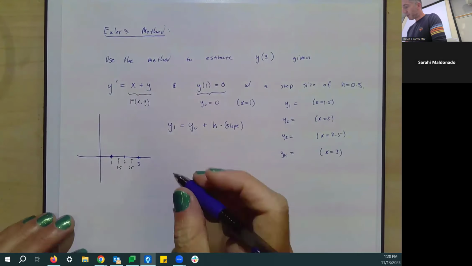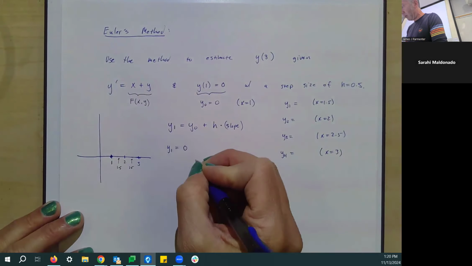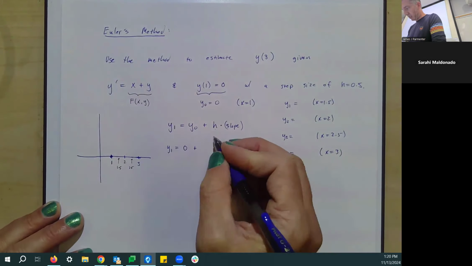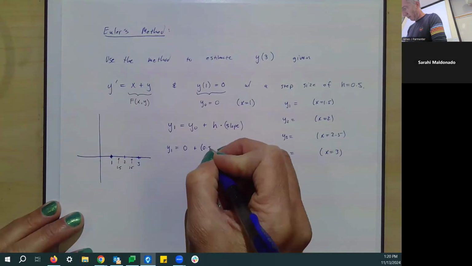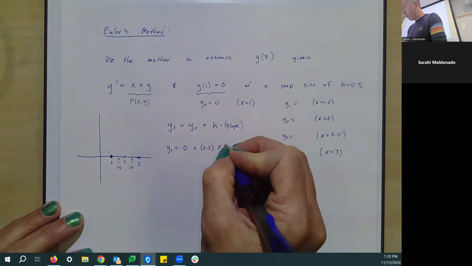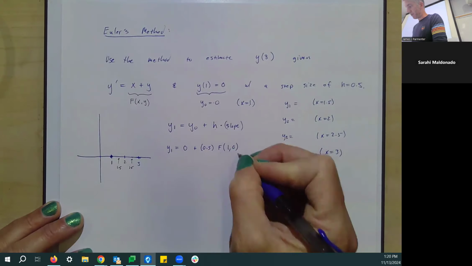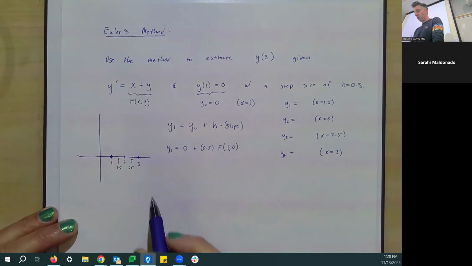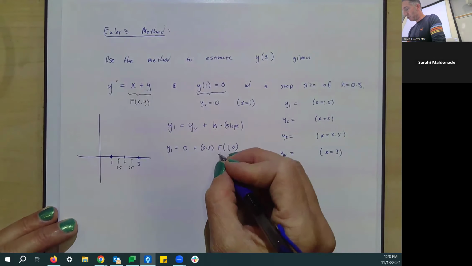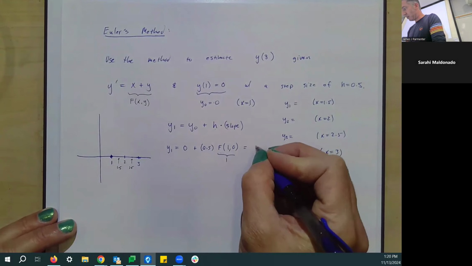So then my y sub 1 is going to be my previous y value, which is 0, plus my h, which is always going to be 0.5, times my slope, which is going to be f of my first x and y coordinate, 1, 0. So let's say my slope is going to be 1 plus 0, which is 1. So y sub 1 should be 0.5 times 1, which is 0.5.